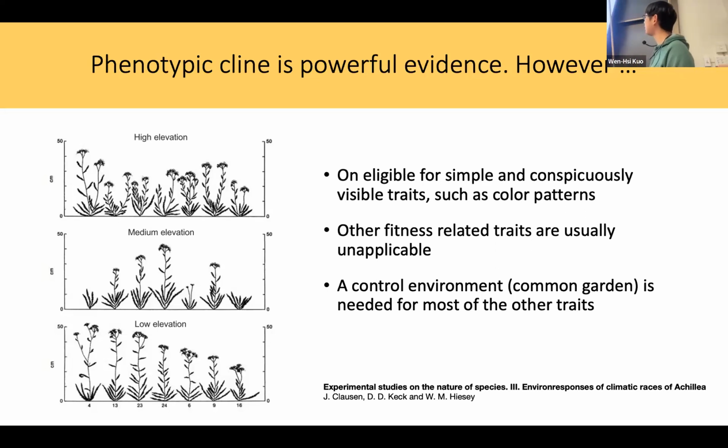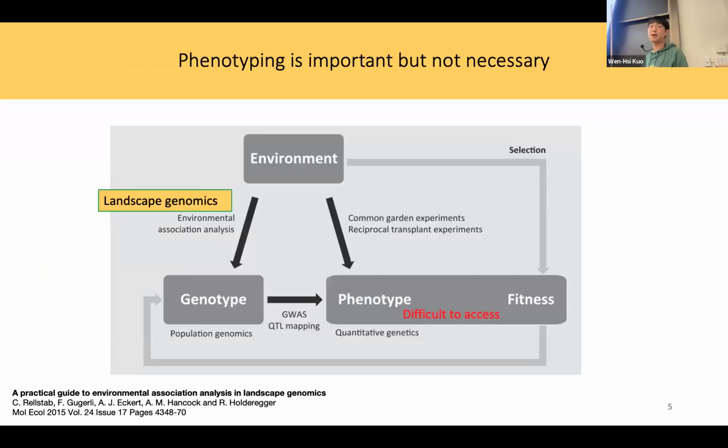So for most phenotypes, a common garden or a controlled environment is still indispensable to document those traits. However, a common garden experiment is expensive and laborious, and it can end up with a negative result, which is very disappointing to graduate students.